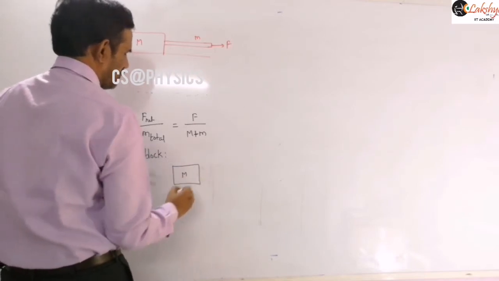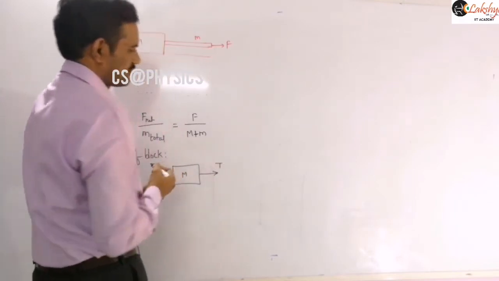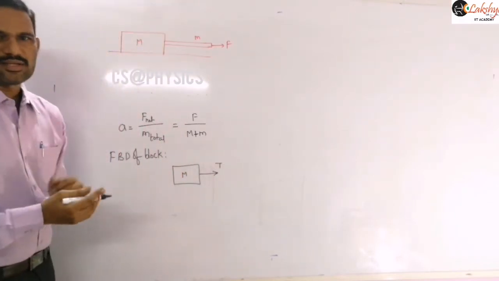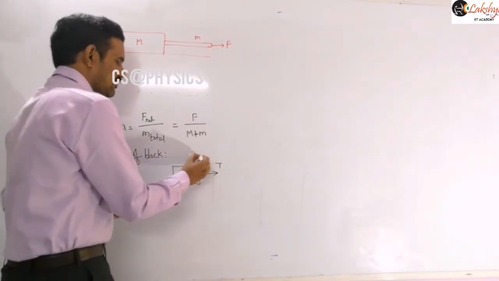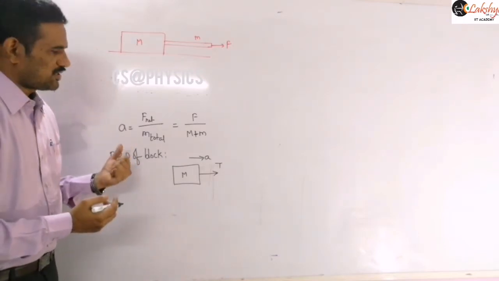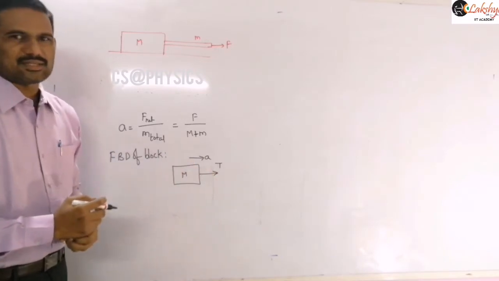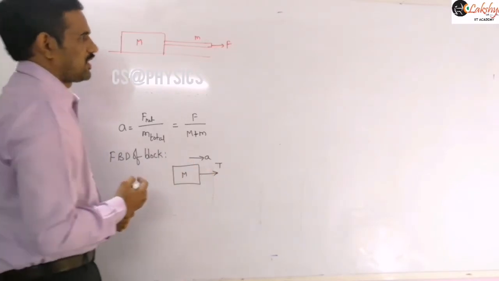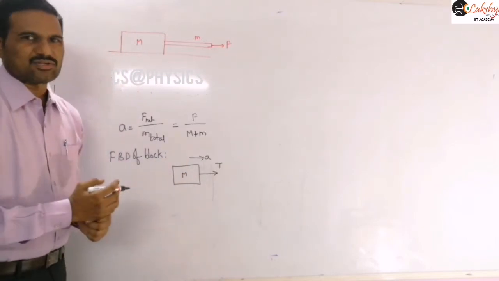This is capital M. Suppose the rope applies some tension T at that point, and the block is accelerating with acceleration a. In the horizontal direction, T is the only force acting on this block, producing this acceleration.